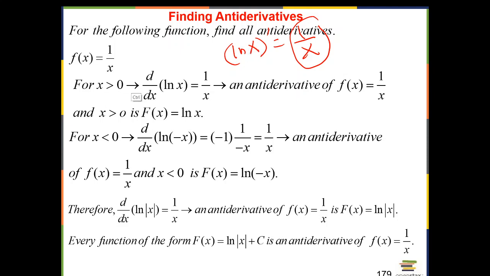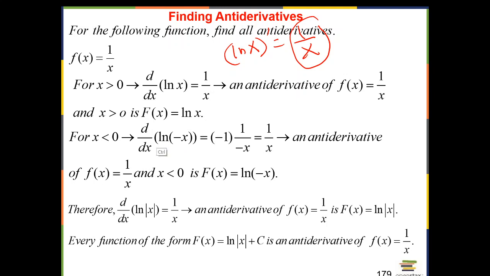It cannot be 0 either, right? So for positive x values, the derivative of ln x is 1 over x. Now, for negative x values, we have to make this minus x, right? Because if x is negative, we put a negative here.